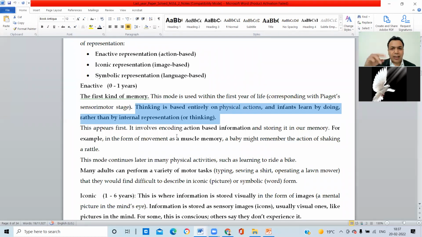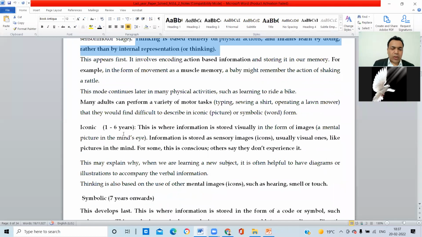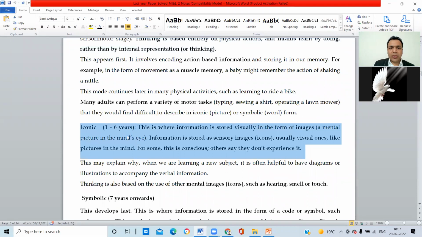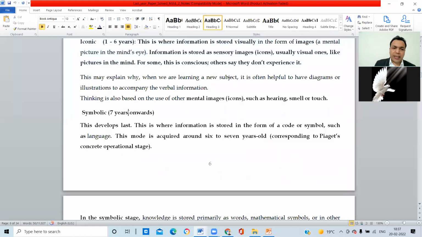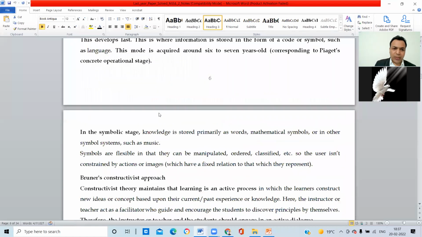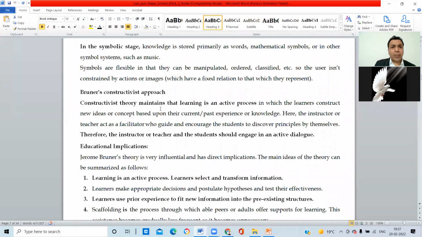So everything is entirely based on physical actions. Next, iconic, 1 to 6 years. If the baby is between 1 to 6 years, you have to define what activities are done by the child, because it is a child development theory. Next is symbolic, after 7 years. So these three things you have to define.